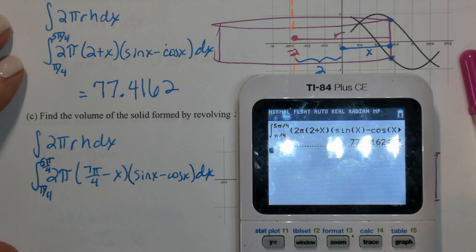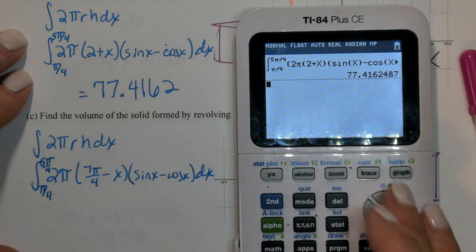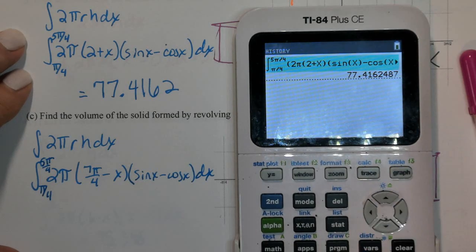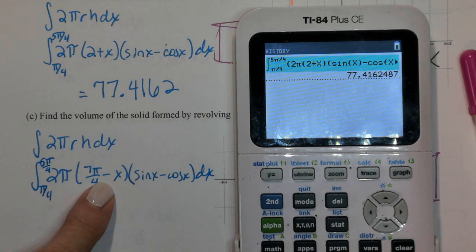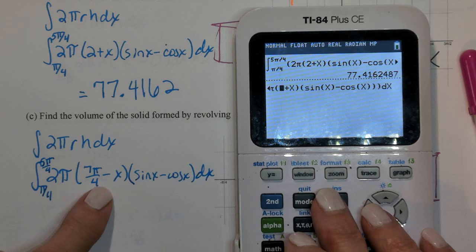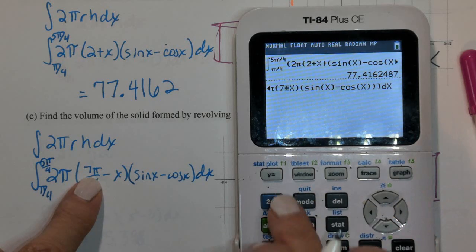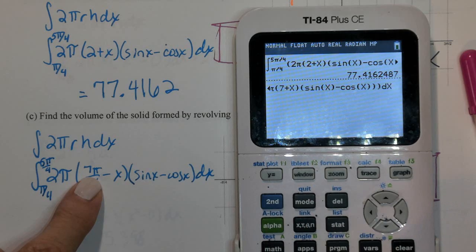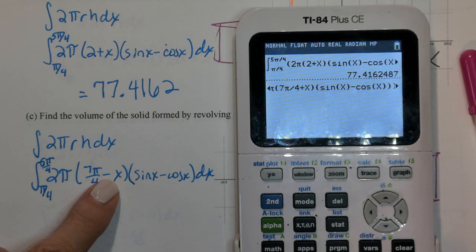And let's see, this time I'm going to just scroll up. I don't want to have to repeat most of it because all I have to do is change what r is, right? So I'm going to go in here and change that to a 7, and now I'm going to insert pi over 4 there, so 7 pi over 4, and then a minus, and then I'm going to delete that plus.